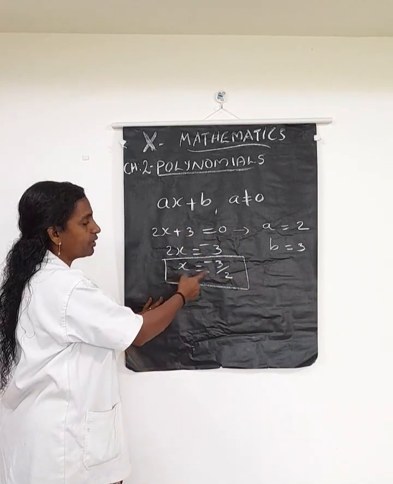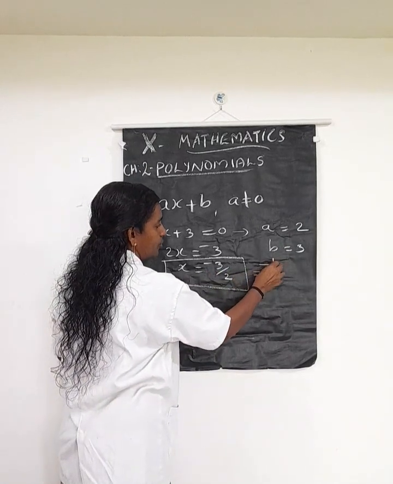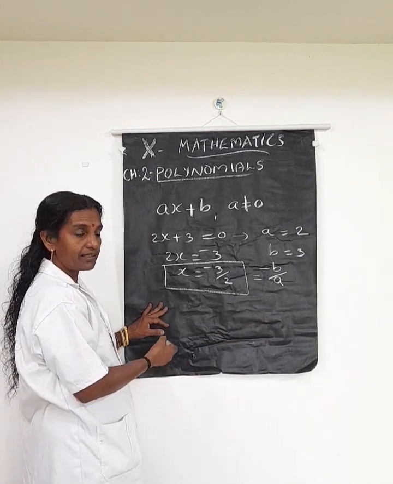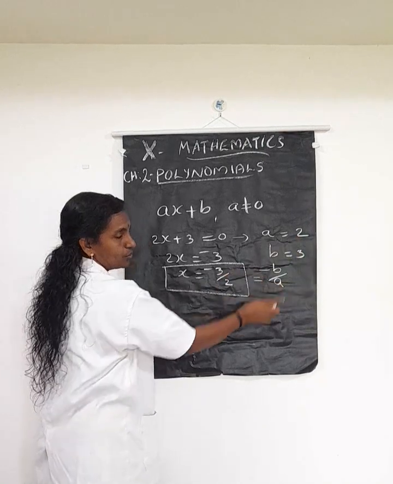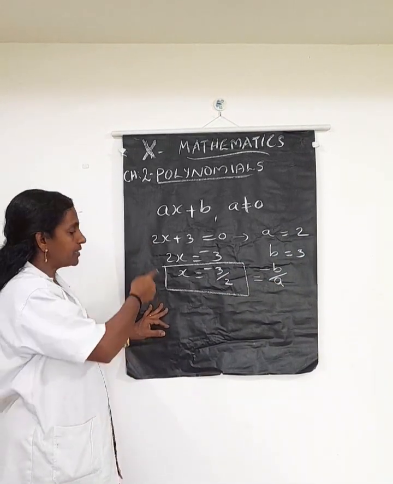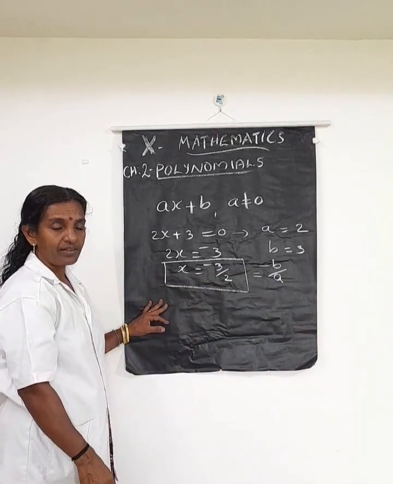So, you got x equal to negative 3 by 2 which gives the idea that it is negative b by a. See that negative 3 by 2. B is 3 and a is 2. Understand? So, for a linear polynomial, the zero is negative b by a.